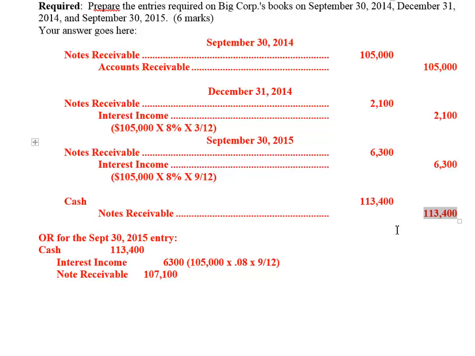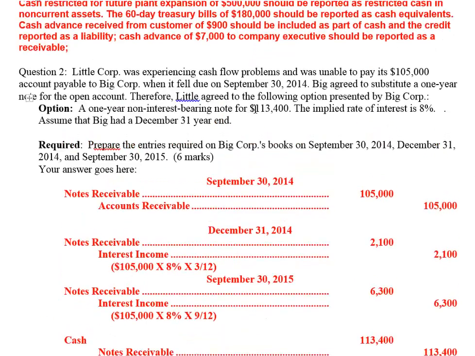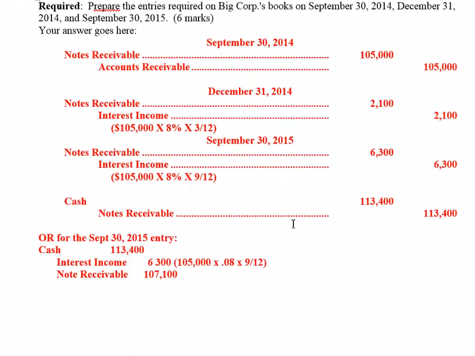Now, some students might do it a little bit differently. Some students might say, well, we know that at September 30th, 2015, when the note is paid up, Big receives cash of 113,400. We know this because that's in our question. How much interest income or interest revenue did we book over the 9-month period from January 1st to September 30th, 2015?